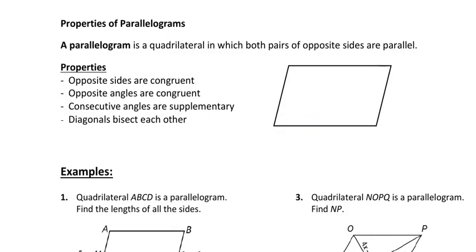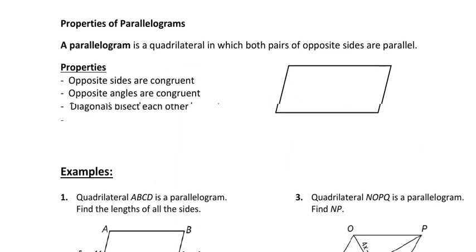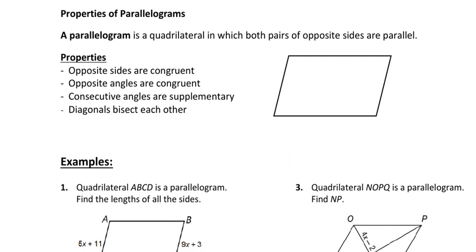properties of parallelograms. So one more time, I start with the definition because it's a very important definition. A parallelogram is a quadrilateral in which both pairs of opposite sides are parallel. So by the definition, we know that this side is parallel to this side, and this side is parallel to this side, because that is what the definition says.